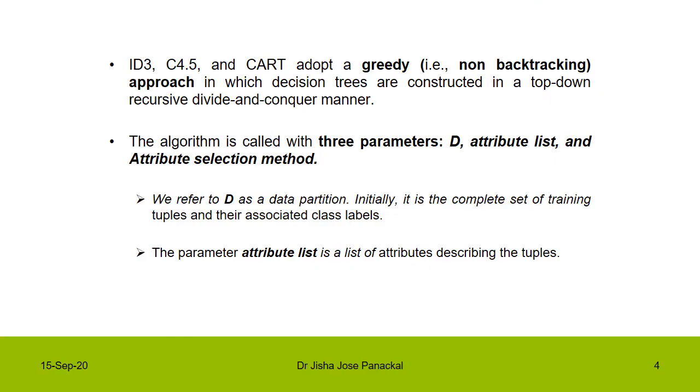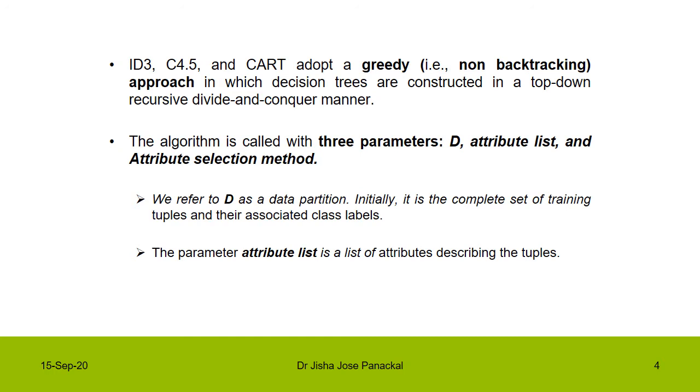ID3, C4.5 and CART adopt a greedy, that is, non-backtracking approach, in which decision trees are constructed in a top-down recursive divide and conquer manner. So it adopts a greedy method. All the algorithms follow the same methodology, but they have some differences.